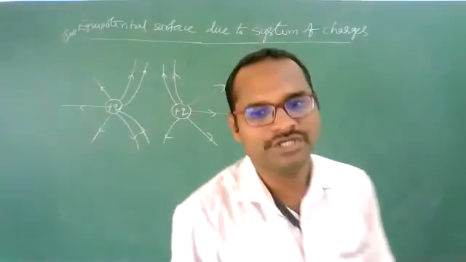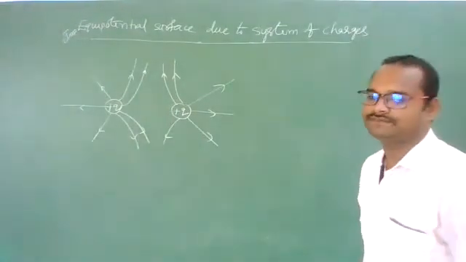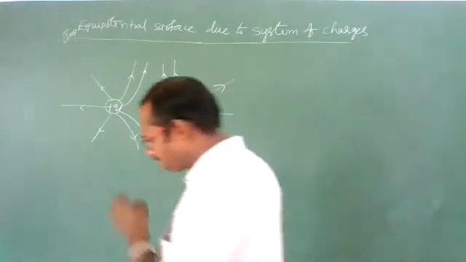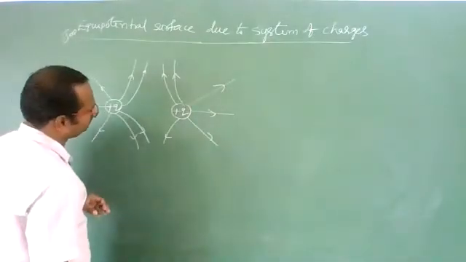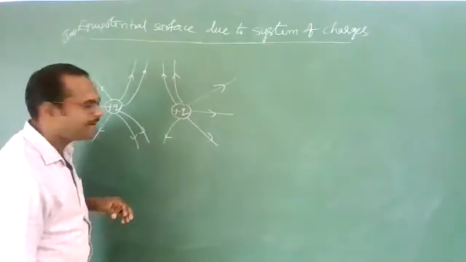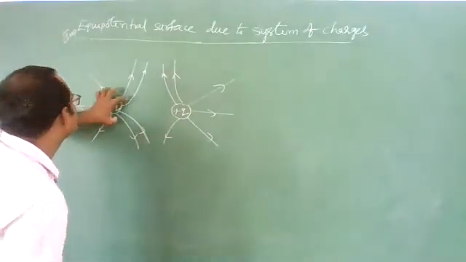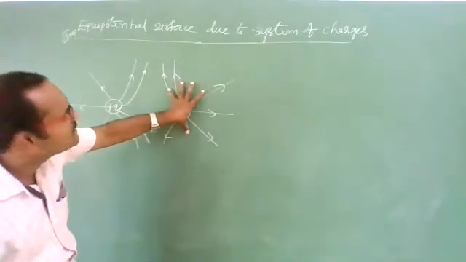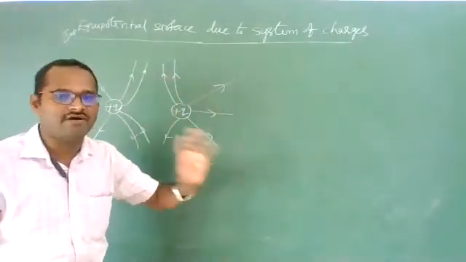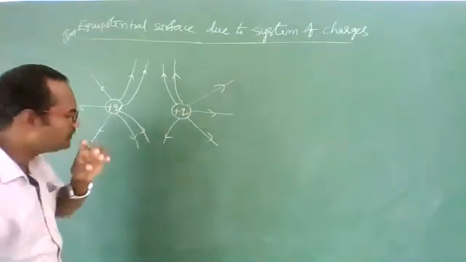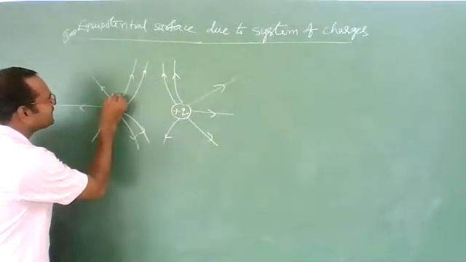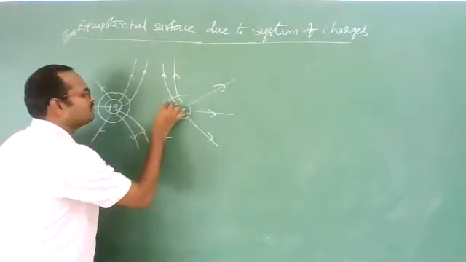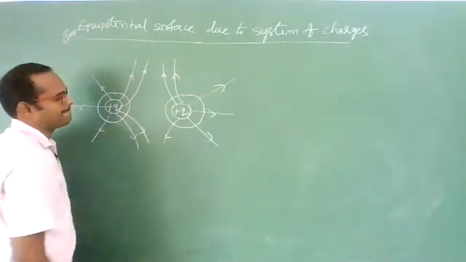Now, equipotential surfaces we need to draw. Due to this charge, spherical surfaces will form. Due to this also, spherical surfaces will form. Now, this is the equipotential surface due to this charge, and this is the equipotential surface due to this charge.